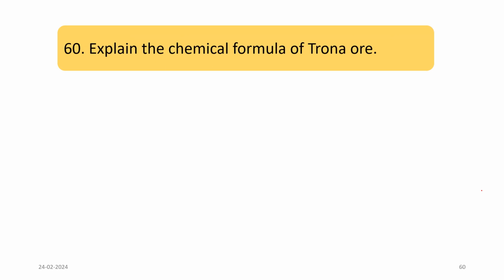Next question is: explain the chemical formula for Trona. Trona has many components of Na2CO3. So 2 moles of Na2CO3 dot sodium bicarbonate, sodium bicarbonate dihydrate, 2 moles of water.